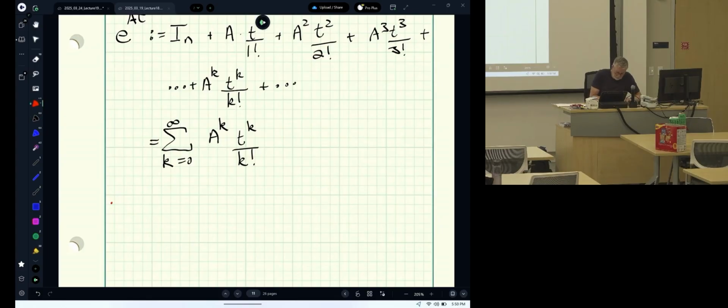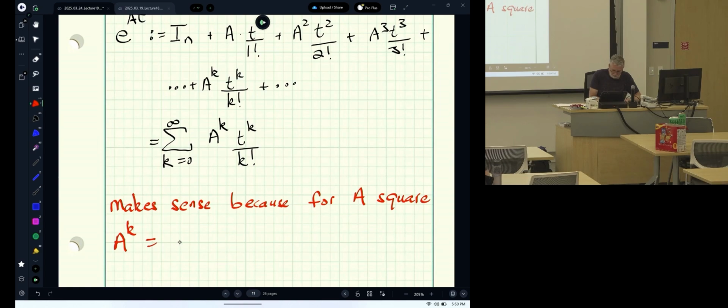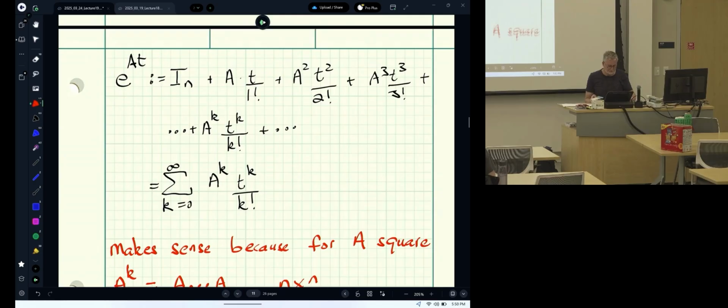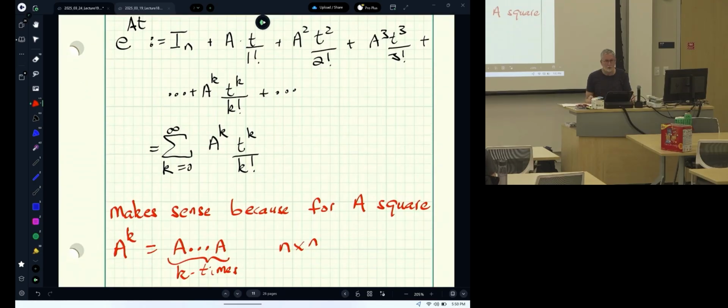But it makes sense. Because for a square matrix, we can compute A to the k. So it's just A, k times. And if A is n by n, A squared is n by n, A cubed is n by n, etc. Wild, okay?